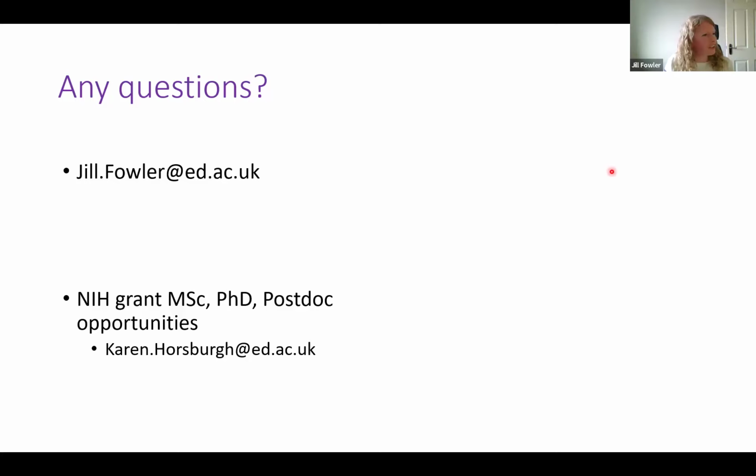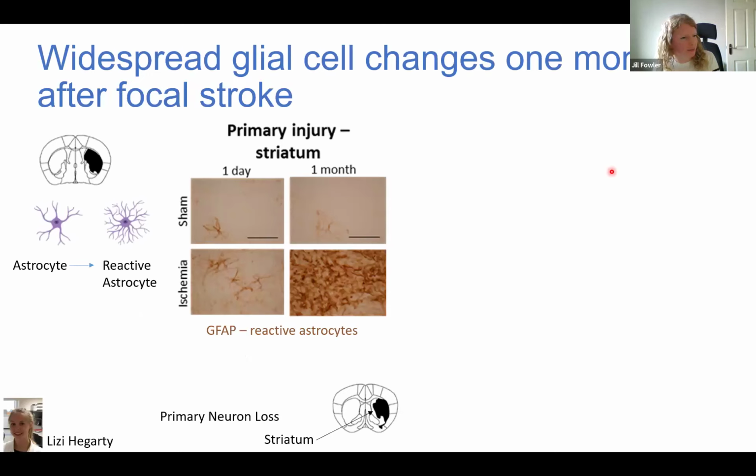Yeah, that's a really great question. Thank you. I briefly alluded there to the fact that we've also undertaken some studies with a different model of stroke, which is intraluminal thread. Normally we would have used this model with 60 minutes of occlusion and it causes a very large infarct. But when we reduce that down to 15 minutes of occlusion, we see damage mainly in the striatum.